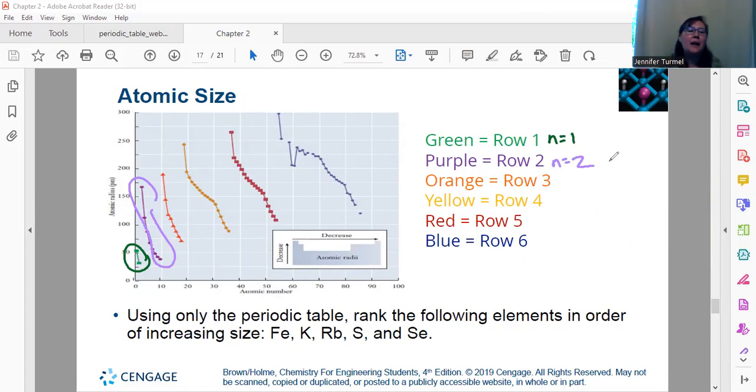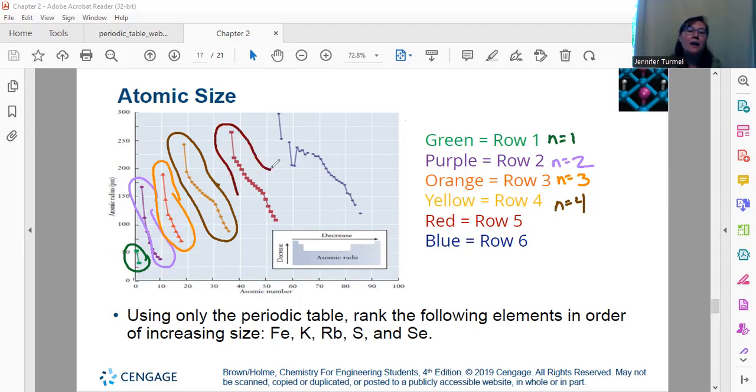And the next one that we have right here is N is equal to 3. And you can see what the trend ends up looking like. And here we have N is equal to 4. And you can look at your periodic table, and these are the elements that go with that. All right. Right here, we have row 5, or N is equal to 5, with everything in there. Okay. So row 5 and finally row 6.